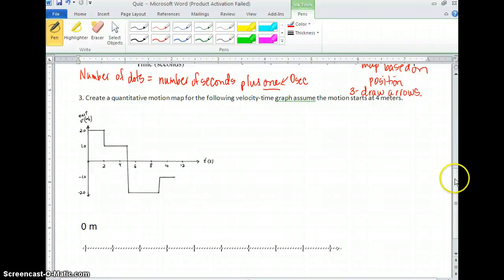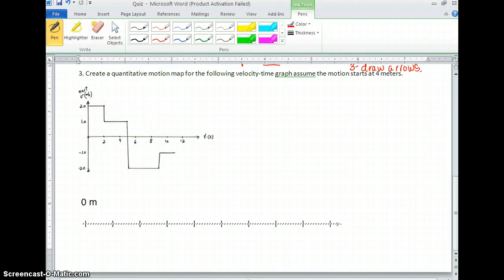All right, last and final problem, number 3. For this one, we changed the words over here to say starting at 4 meters. So first thing that we want to do when we're dealing with a velocity time graph is step number 1. All right, let's do the steps first. Let's see if I can actually get to write properly here.